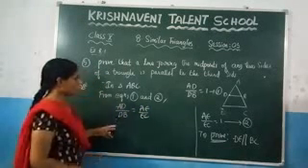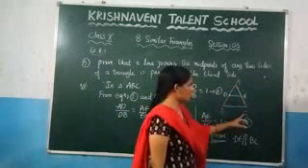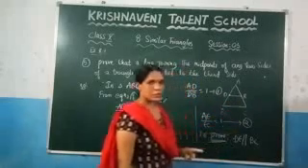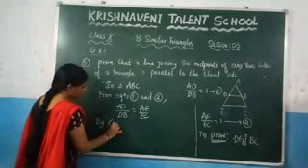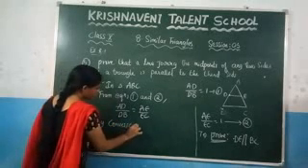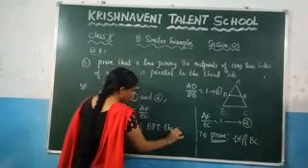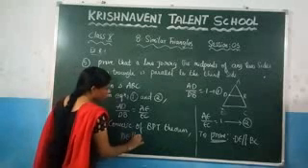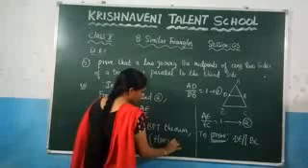So you know that in triangle ABC these two sides are divided in the same ratio. So by the basic proportionality theorem, this line is parallel to the third side. So write here, by the converse of the basic proportionality theorem, DE is parallel to BC. So this is what we need to prove.